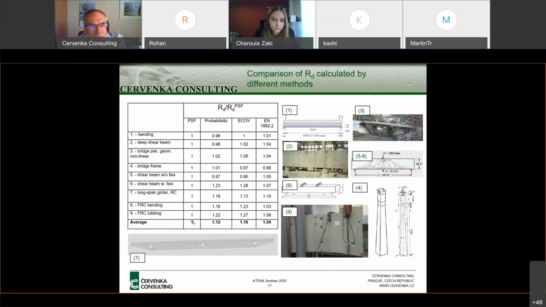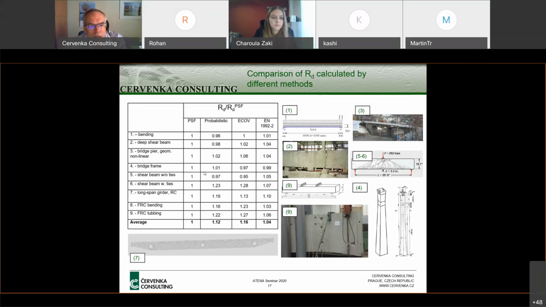what can be learned. First of all, in most cases, especially these simple cases that we can really check easily by analytical solutions, like the bending and simpler shear problems like the first 3, we see there is very little difference between the individual methods.